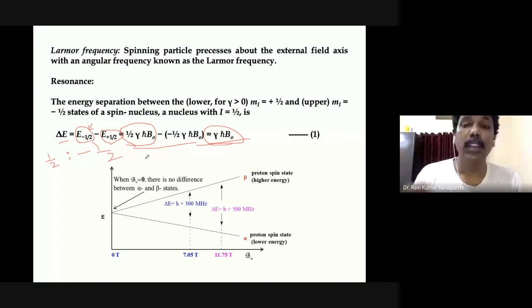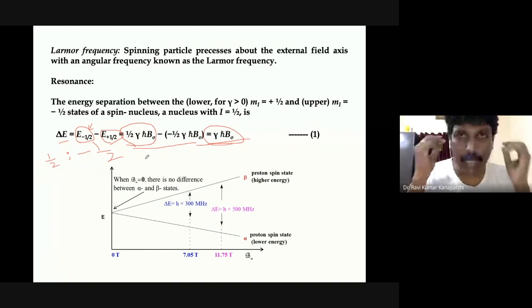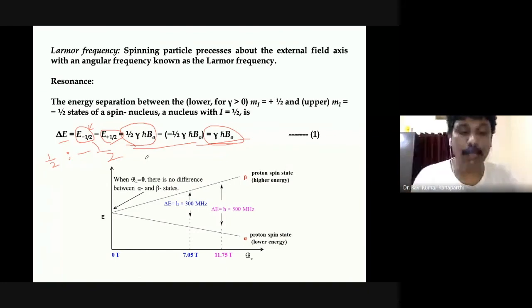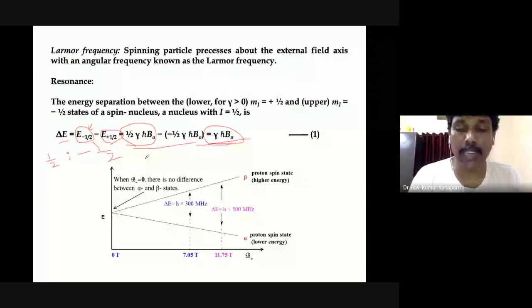Because the energy difference between the different energy levels of any atomic nuclei that you may think of typically falls in the radio wave region. Therefore, we use radio waves to make the transition and see the corresponding peaks.